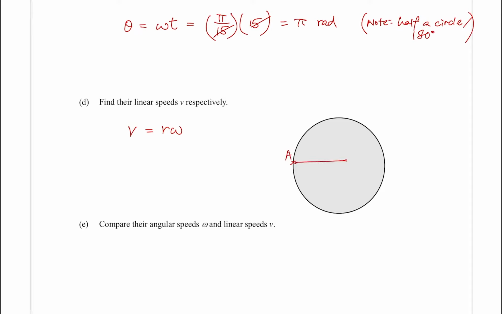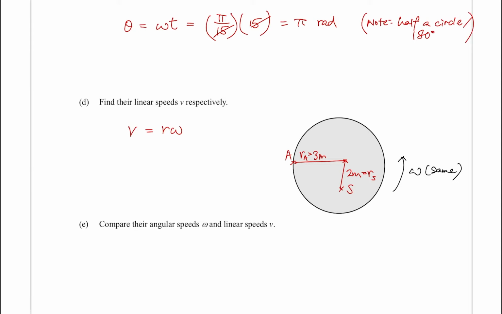So Amy is here and Sophie is here. 2 meters and 3 meters from the center respectively. But note that both of them are rotating with the same omega, but the radii are different. Amy is more outside than Sophie.